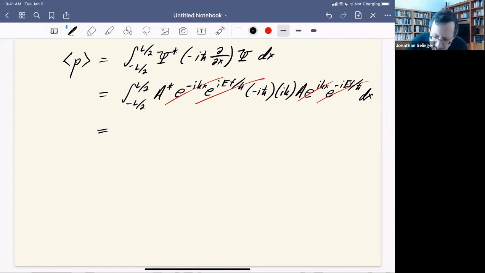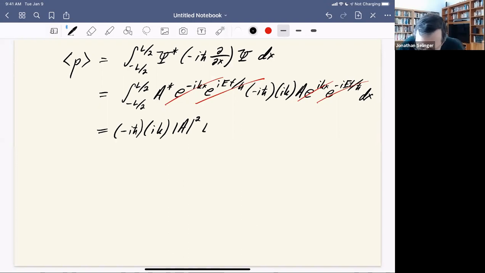And then what do we have? Well, we have our factor of minus i h bar, we have our factor of ik, we have our factors of a star and a, and then this is all integrated for x goes from negative L over 2 to L over 2.